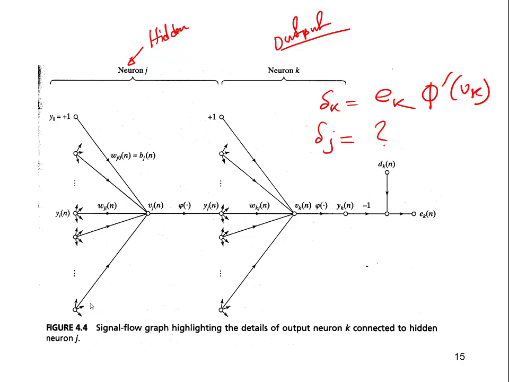This is the main fundamental process we required, where we learned the output neuron portion today, and we will look at how delta J of the hidden layer can be computed in the next phase.